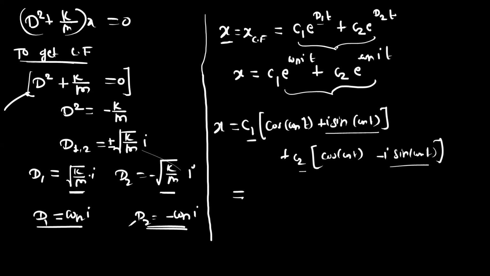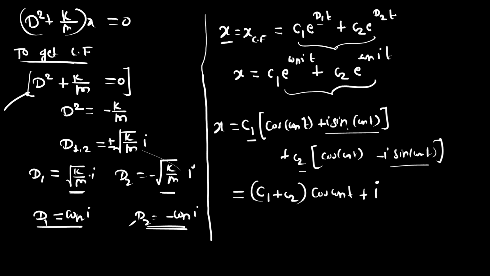So I will write this by taking cos omega nt common. In the bracket we will have c1 plus c2, into cos omega nt, and for the second term, c1 multiplied by i and minus c2 multiplied by i.